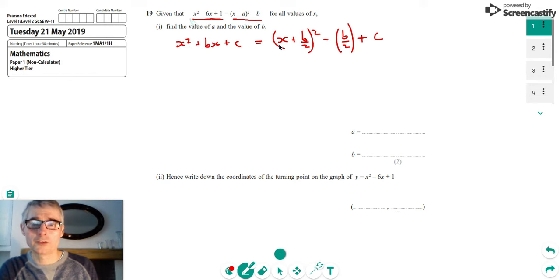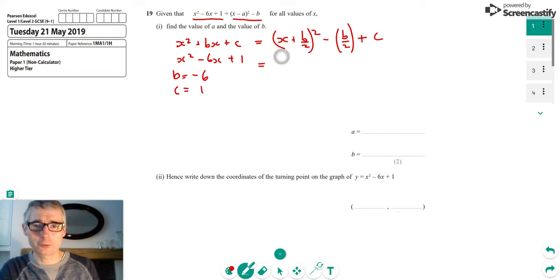So in our case, what we've got is x squared minus 6x plus 1. So if we compare coefficients, we can see the value for b is actually negative 6 and the value for c is 1. So we're going to substitute those values into our formula.